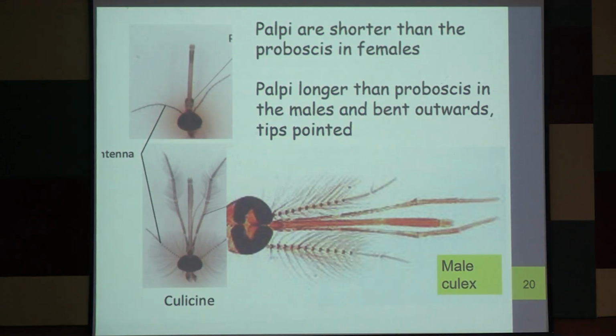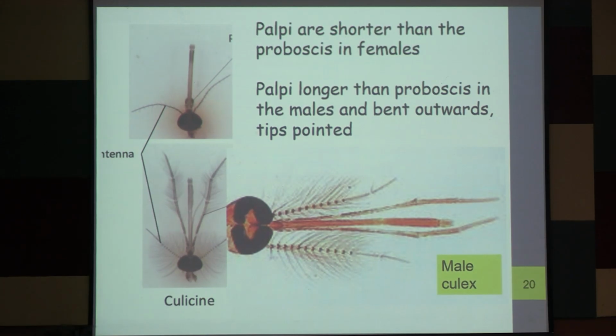Another feature we saw in Aedes mosquito: what are the features of palpi in male and female mosquito? Who has longer palpi and who has shorter palpi? Females are shorter. And who has a thick sucking tube, male or female? Male.